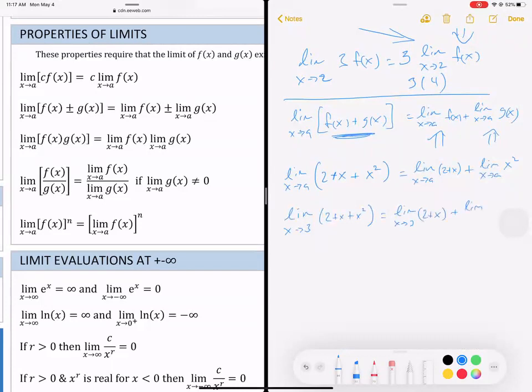Would that mean any difference if I plugged them in before or plugged it in after? Well, let's do the math. This would be 2 plus 3 squared. And this here on the right, this would be 2 plus 3 plus 3 squared. No difference.